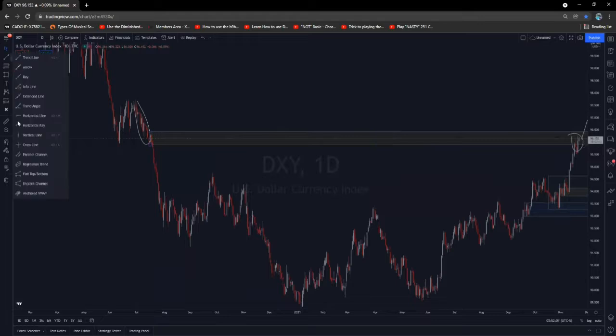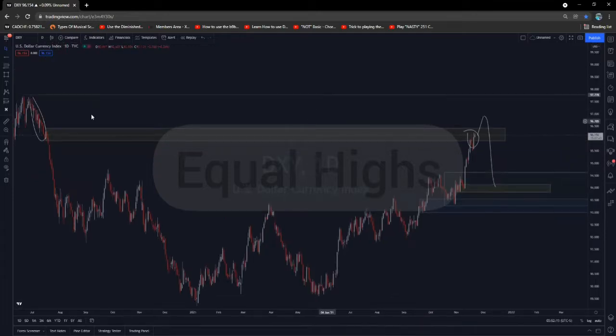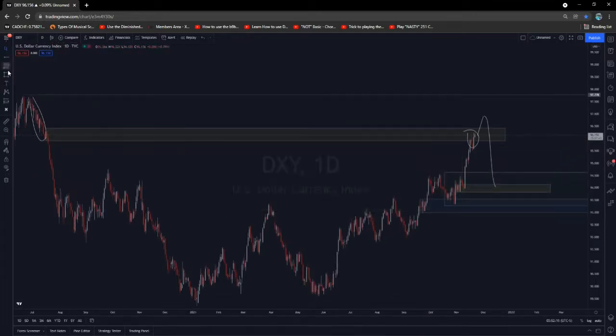You also have this area of liquidity over here that was formed by equal lows. So another probability is that the market might go to the upside, tap into some liquidity, find an order block either here or here, and then go up again.